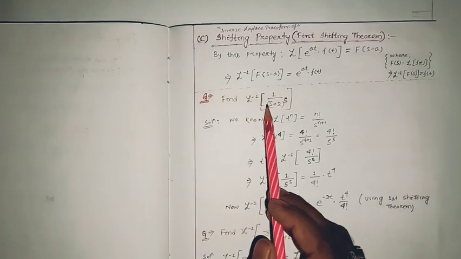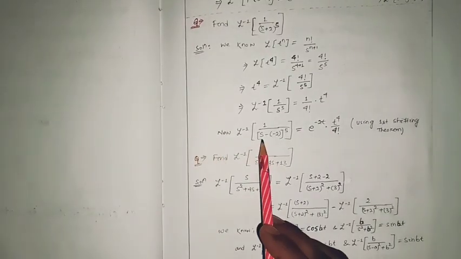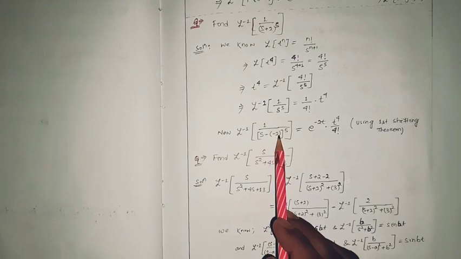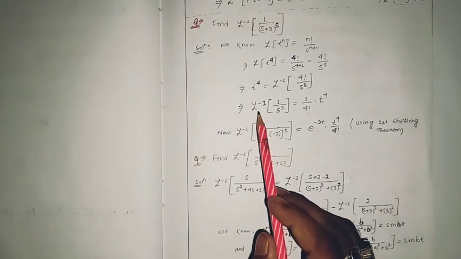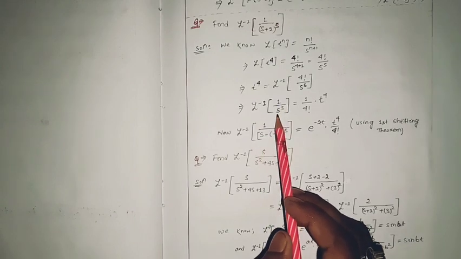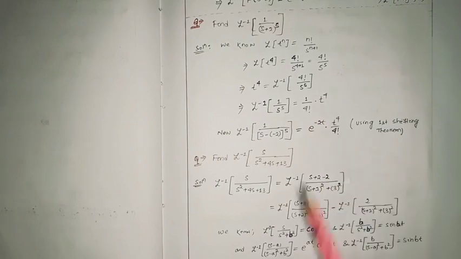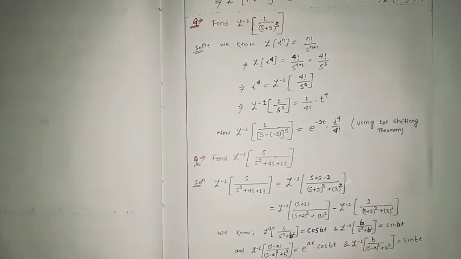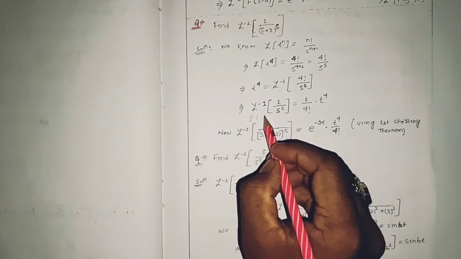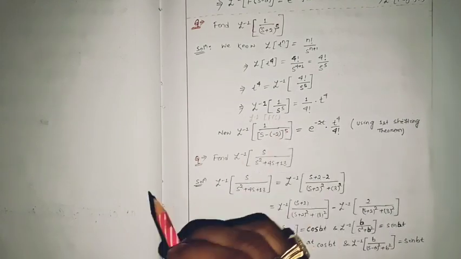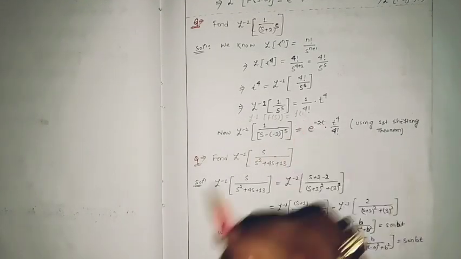That means whatever the question has been given, s plus 2 can be written as s minus of minus 2 to the power 5. Right? The inverse Laplace transform of 1 by s to the power 5 is nothing but 1 by 4 factorial into t to the power 4. Or we can say that this is your inverse Laplace transform of capital F of s equal to the so-called small f of t.